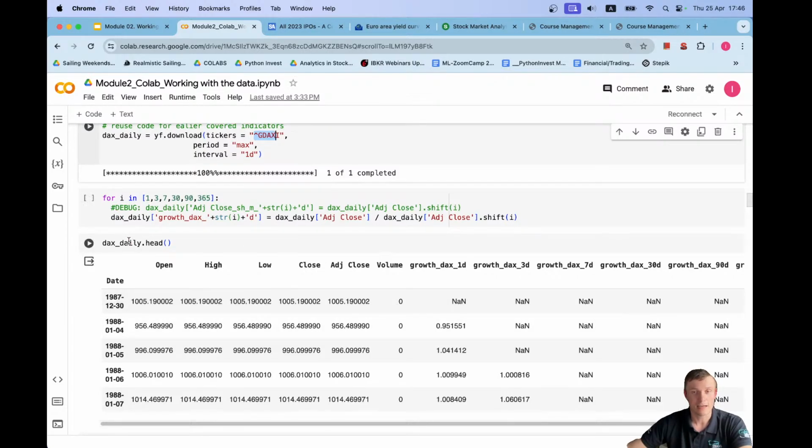These numbers are quite important for us, because there are many cases when indexes or stocks or other financial instruments are growing all the time, and it's better for the model to be provided with data that is stationary, that is not growing indefinitely.